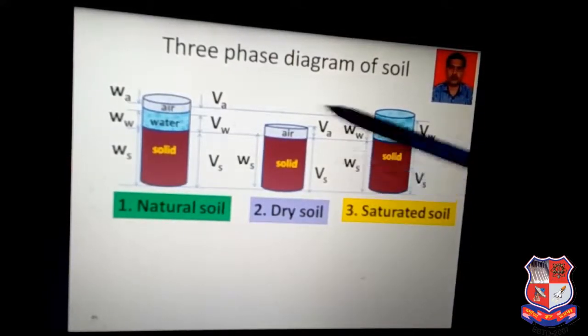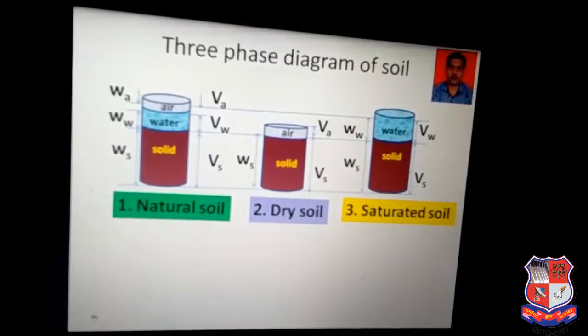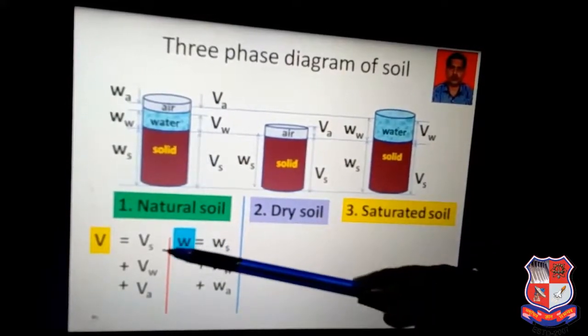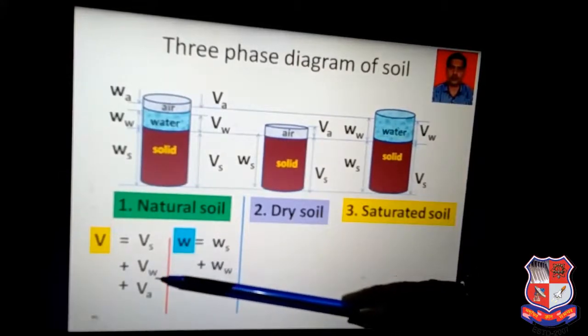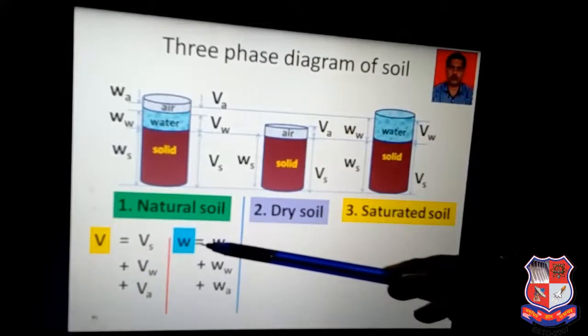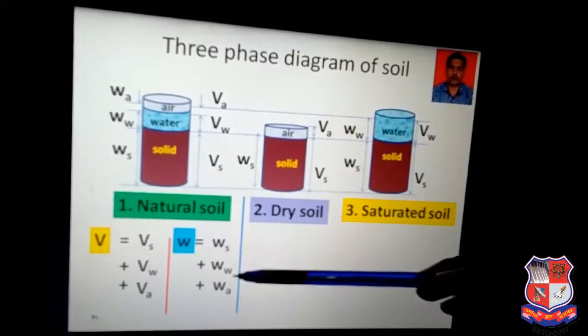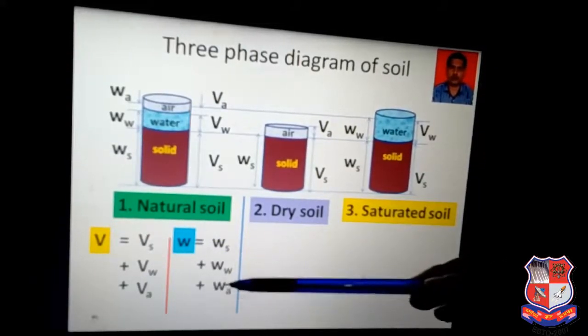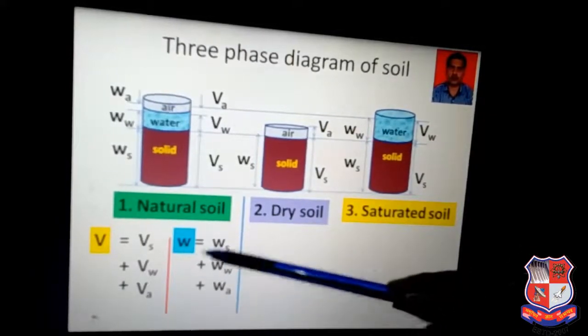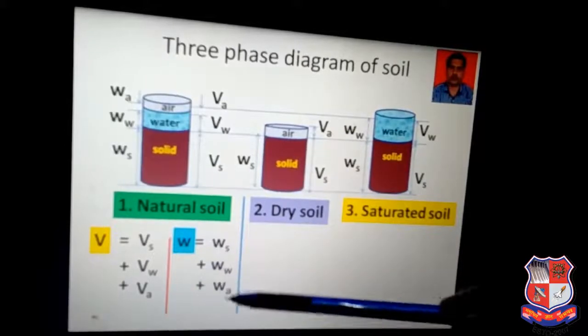Now between these parameters there are simple relations. The total volume is equal to Vs plus Vw plus Va. Total W is Ws plus Ww plus Wa, that is taken as 0. So in natural soil, the total volume and total W we can calculate like this.